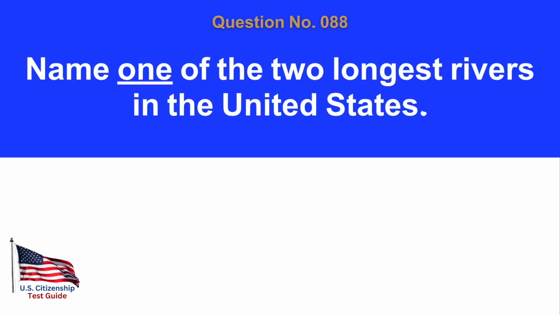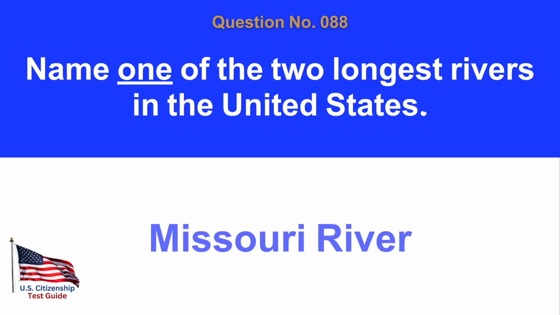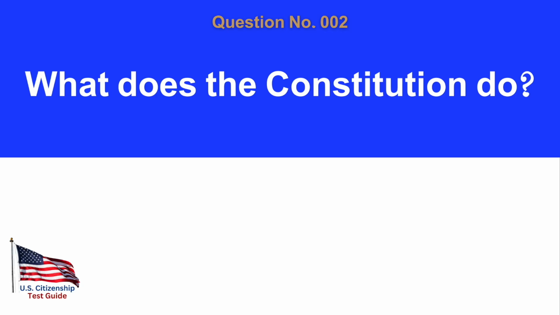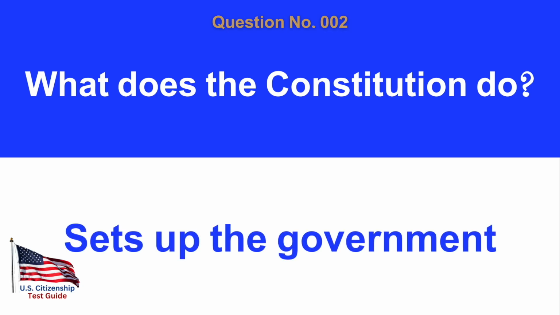Name one of the two longest rivers in the United States. Missouri River. What does the Constitution do? Sets up the government.